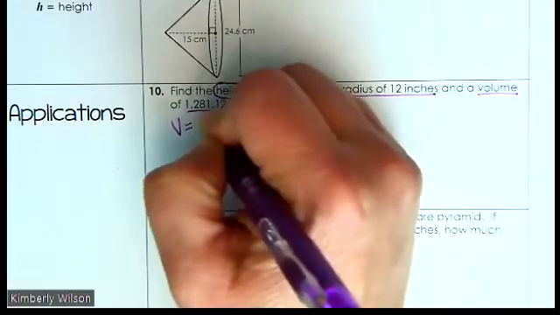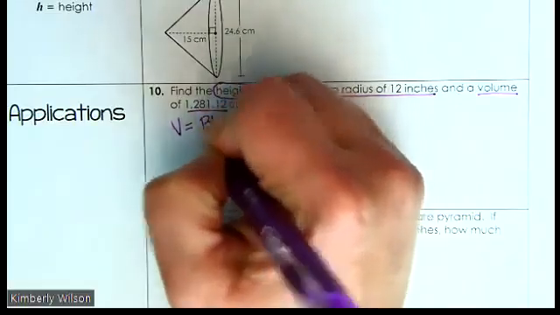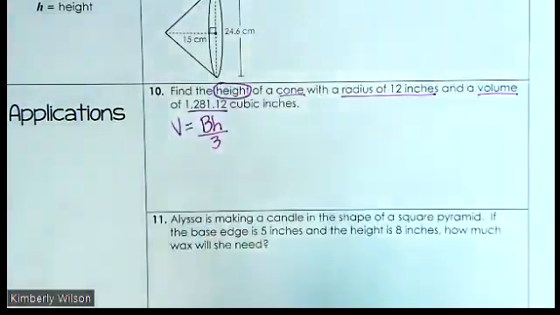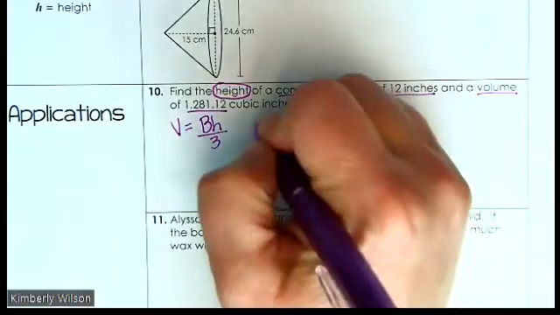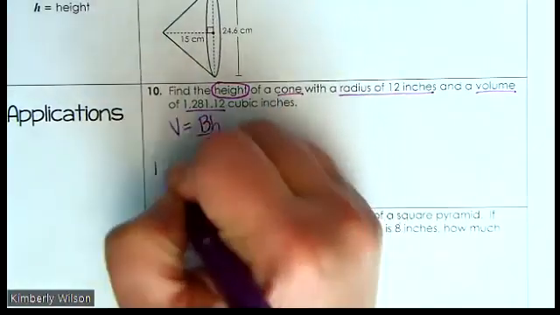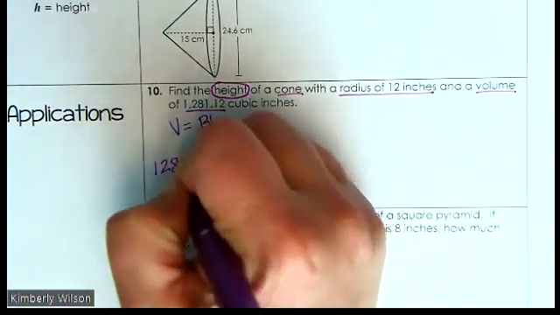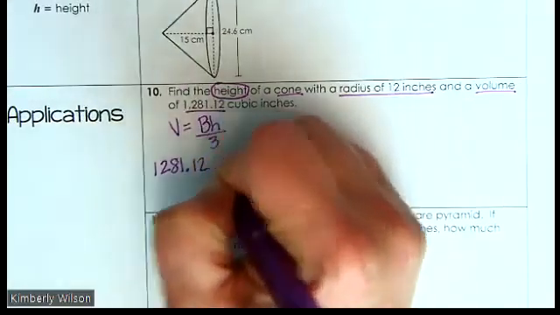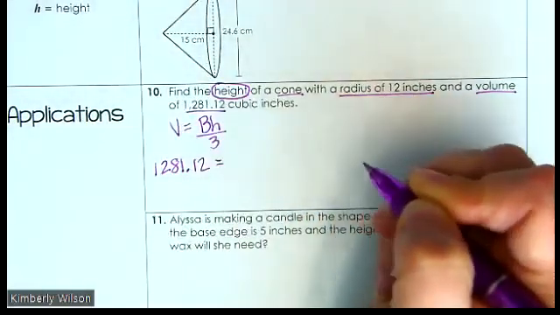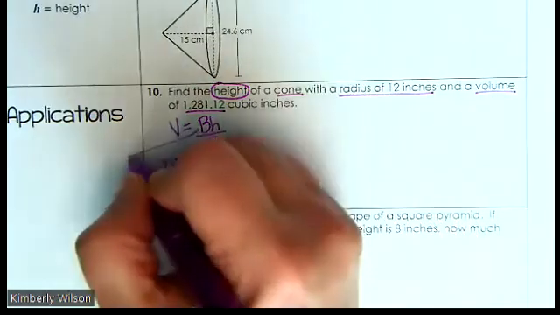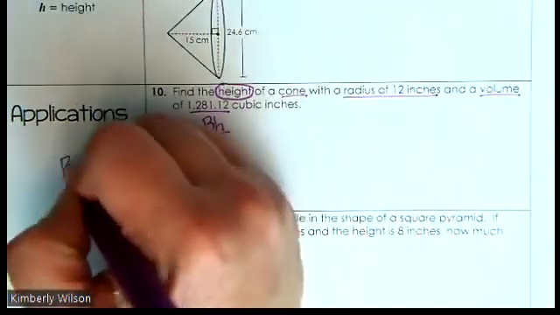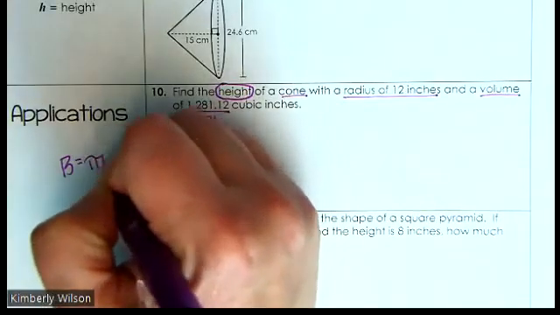Volume equals capital B times H divided by 3. So now we plug in. And we're going to have 1281.12 equals, well, the capital B, that's found by pi r squared.